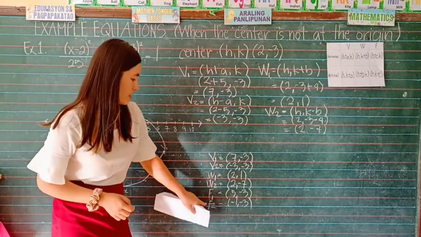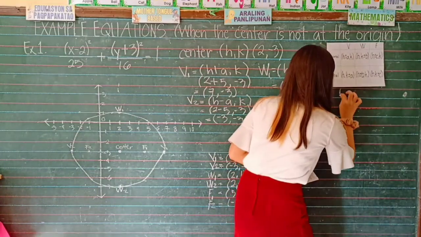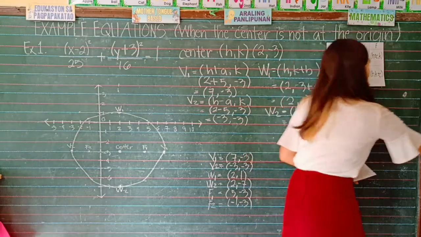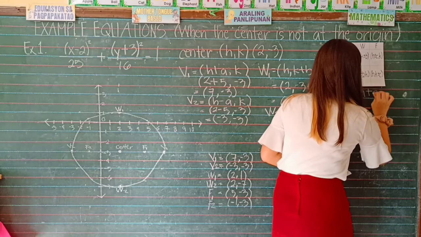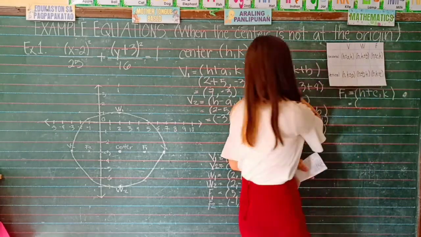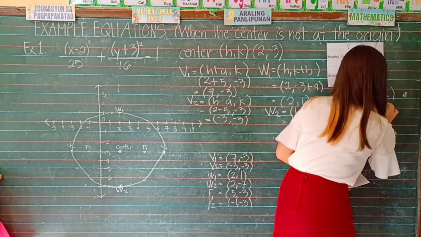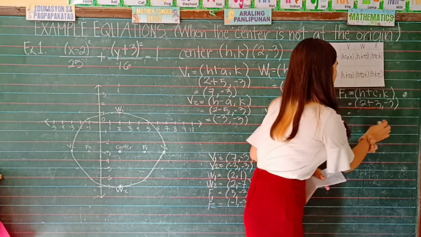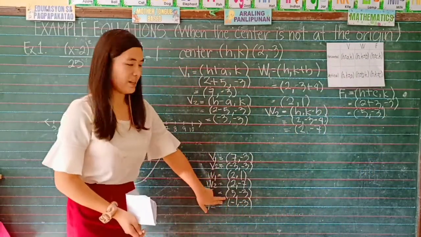Now, let's proceed on finding the f sub 1 and f sub 2. Let's use this formula. Our h is 2, plus c, our c is 3, k is negative 3. 2 plus 3 is equal to 5, and the y value is the same.